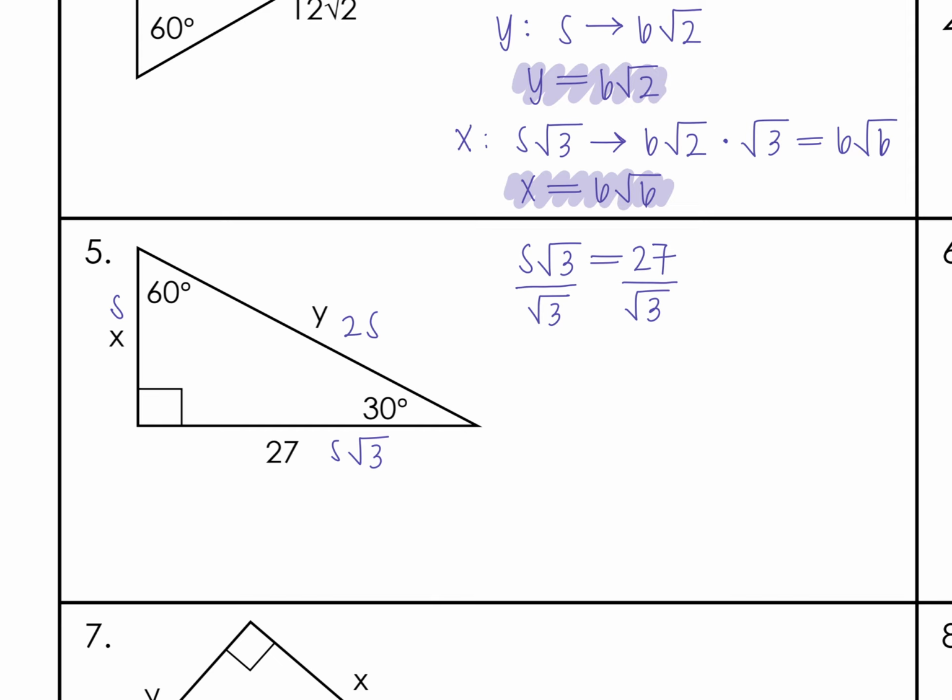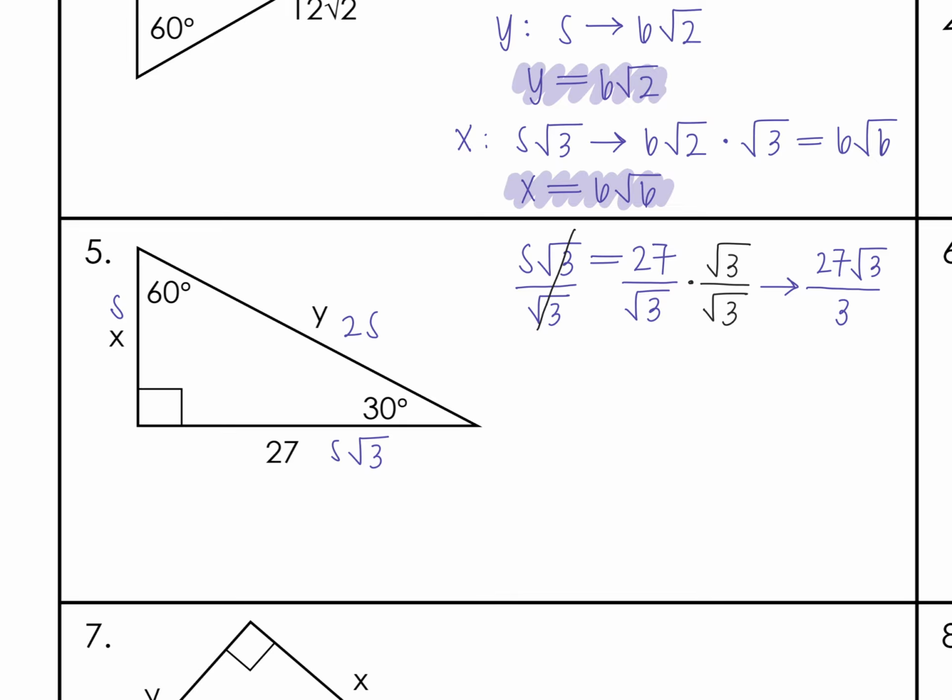Okay, so I'm going to do that by dividing both sides by root 3. And so this is going to cancel out here. But on the other side, I do have that radical in the denominator, so I need to rationalize. I'm going to multiply by root 3 on top and on bottom. And when we do that, we are going to get 27 root 3 over just a 3.